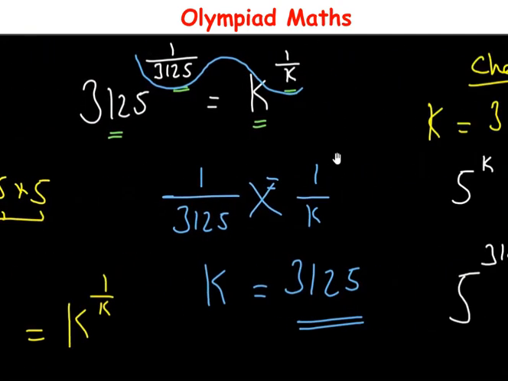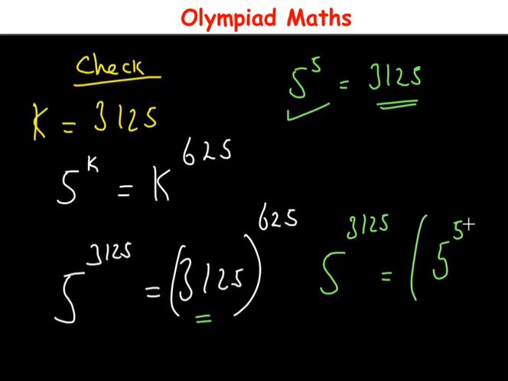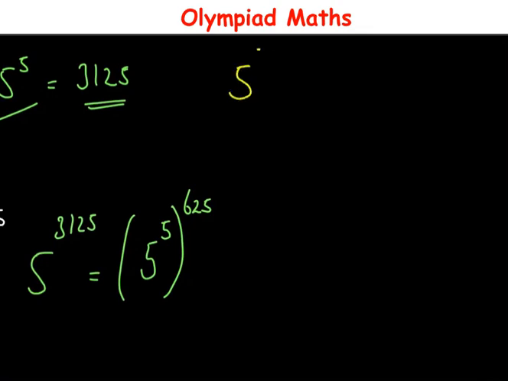So with this, inputting the value of 3125 as 5 raised to power 5, we have 5 raised to power 3125 is equal to, in brackets, 5 raised to power 5, raised to power 625.